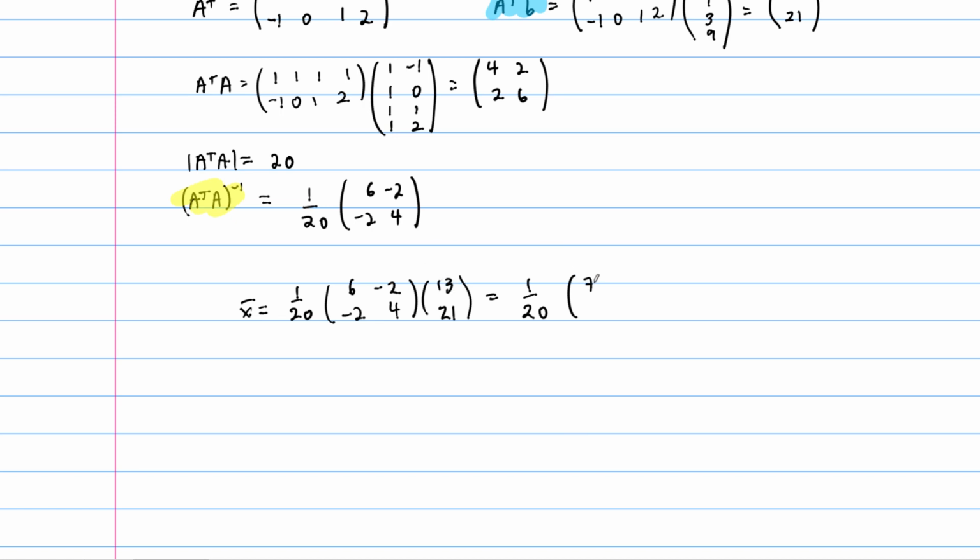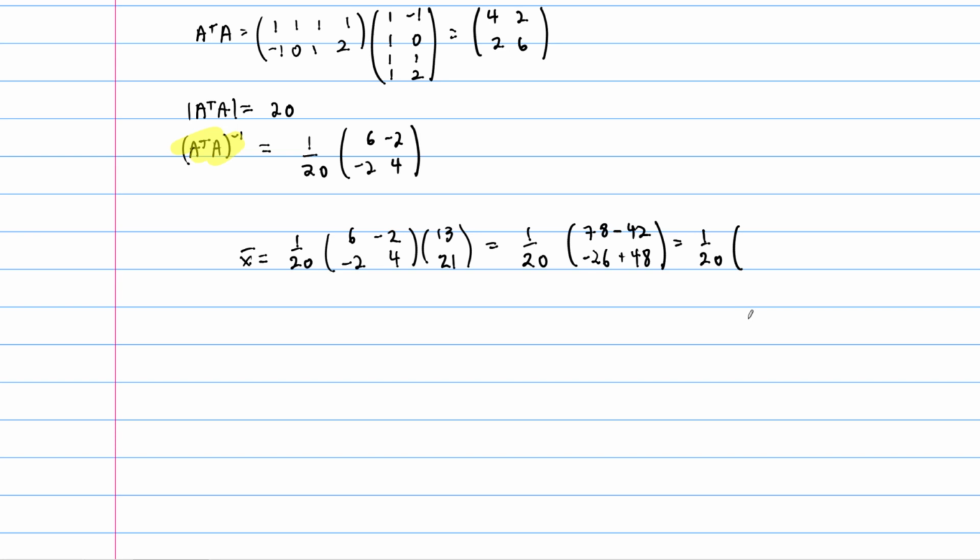So 78, right, minus 42. And the second entry is going to be -26 plus 48. And very carefully work this out. So there's 1 over 20. 78 minus 42 is going to be 36. Right? And then 48 minus 26, that's going to be 22.